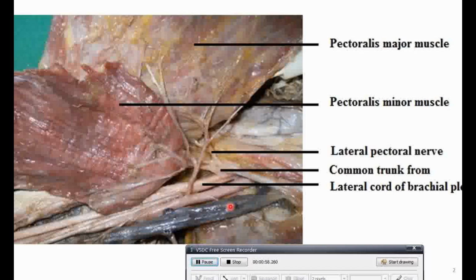Identify the branches of lateral pectoral nerve and thoracoacromial artery that pierces the clavipectoral fascia to enter pectoralis major muscle.